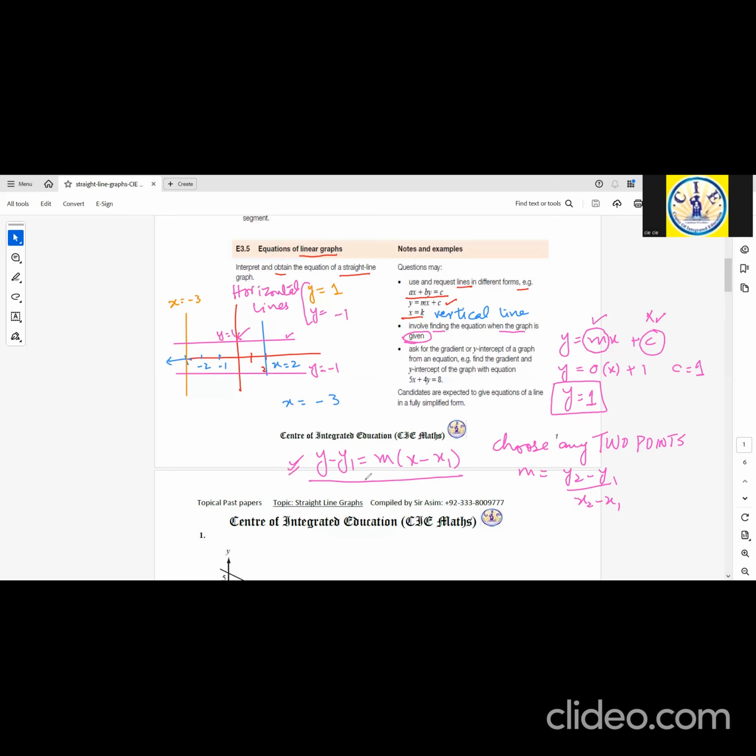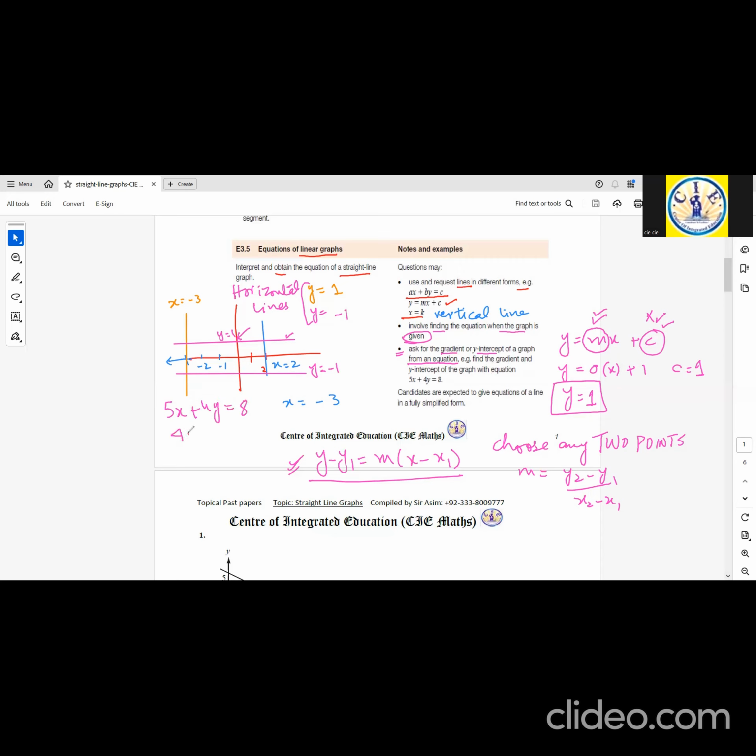Okay, then this bullet asks for the gradient or y-intercept of a graph from an equation. So this is the gradient and this is the y-intercept. For example, find the gradient and y-intercept of the graph with this equation. Let's take an example. We can have 5x plus 4y is equal to 8.